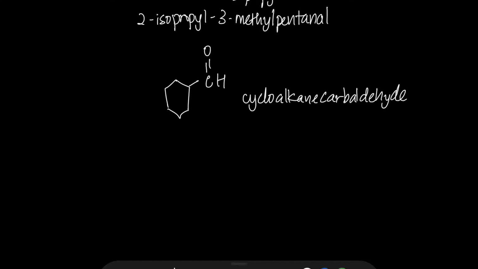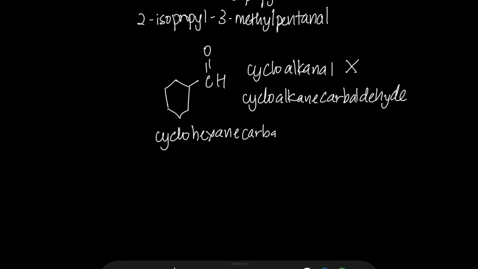Cycloalkane depends on how many carbons are in the ring. Okay, it is not cycloalkanal. Remember, it is not cycloalkanal. So this is a 6-membered ring. So this compound should be named as cyclohexane carbaldehyde.